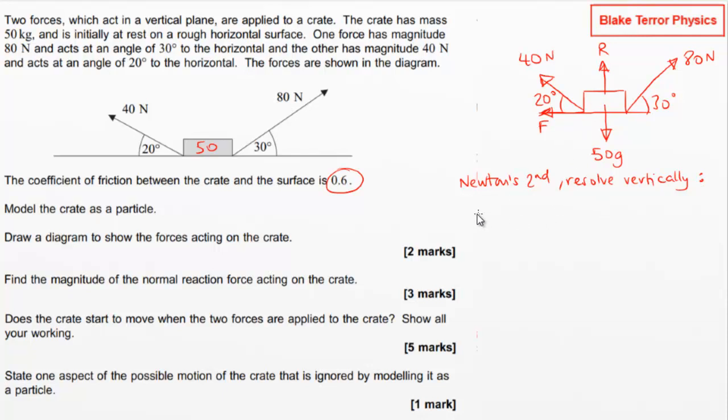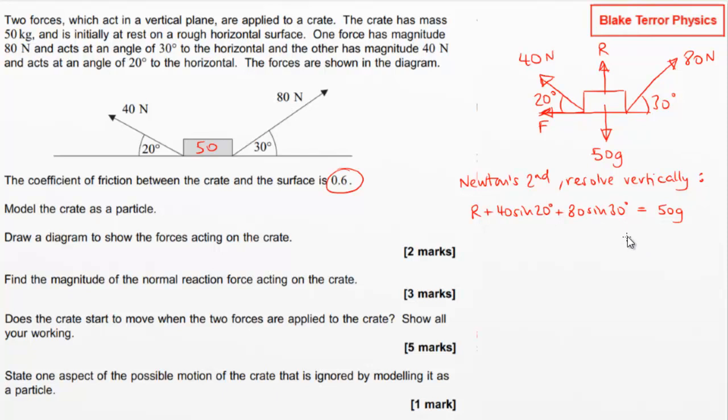Going upwards, we've got an R, a 40 sine 20 degrees, and an 80 sine 30 degrees, and that is going to be equal to 50g. Strictly doing F equals ma, you'd say those three things going up minus the thing going down is equal to 0 because the acceleration is 0.